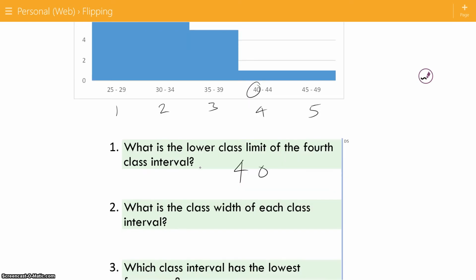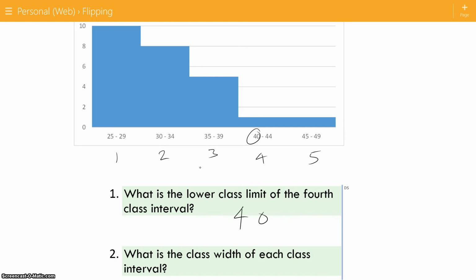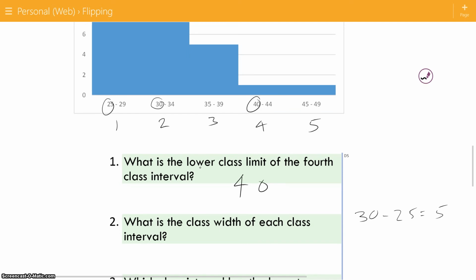What is the class width of each class interval? Take a moment, look at that, think about it. Pause this for a second if you like. I think that'd be a great idea. Pausing is cool. You can take a look at the lower class limit for the second class. Subtract the lower class limit for the first class. Gives you 5.